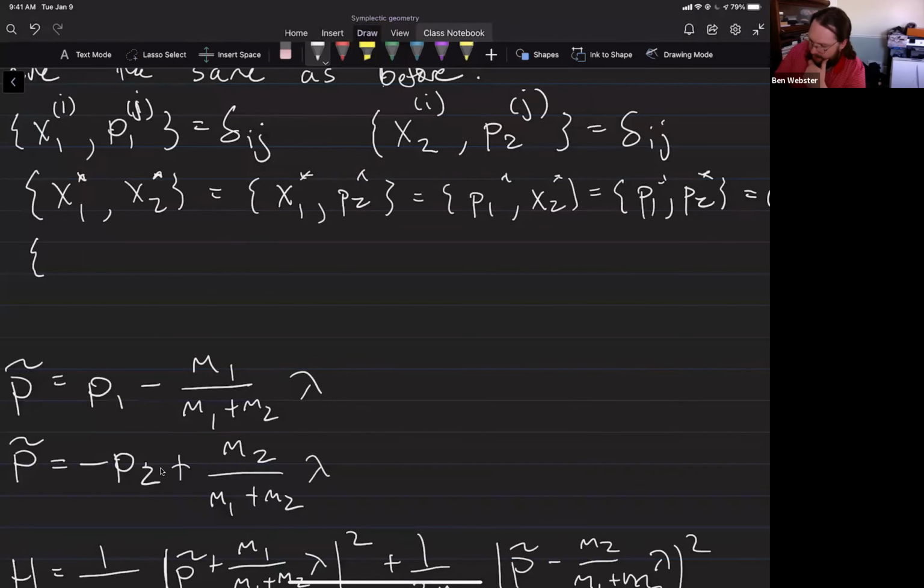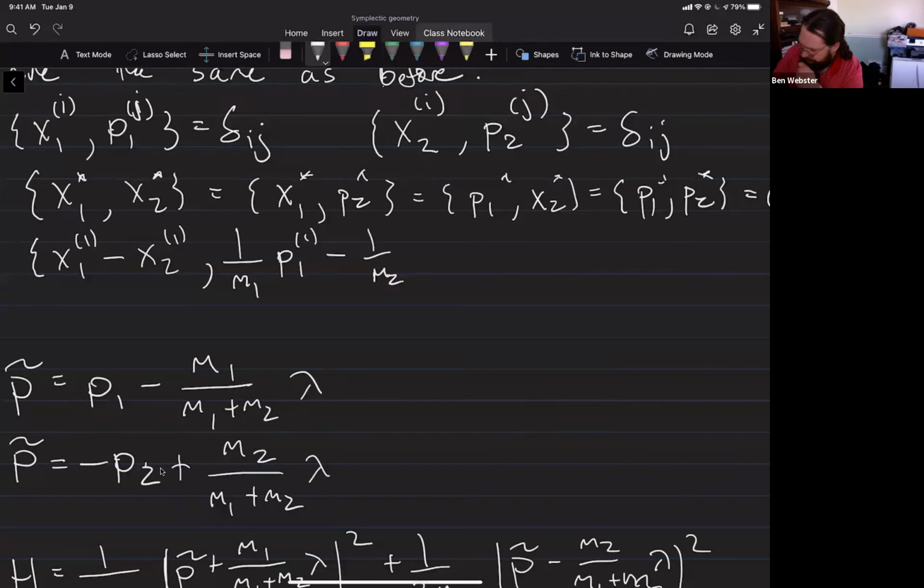So if I look at x1,1 minus x2,1, and I take the Poisson bracket of that with the velocity, the relative velocity between these two bodies, I don't get the canonical relations I want, right? The x1 with p1 gives me 1, so I get 1 plus, since there's a minus sign here and a minus sign here, plus 1 over m2.